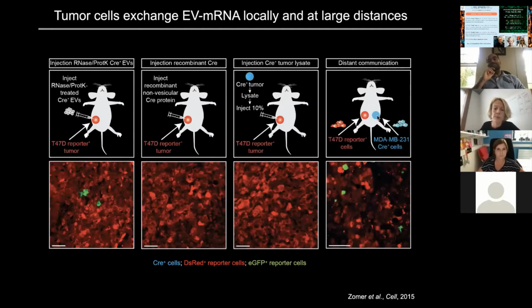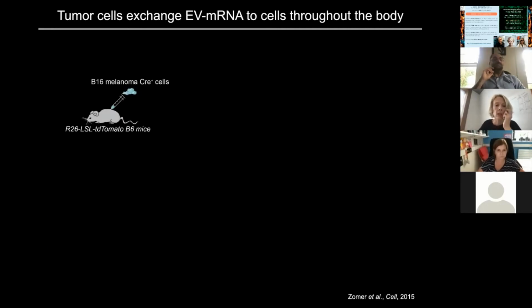So to investigate this, we injected melanoma CRE cells in syngeneic mice, and these are reporter mice. So they have a lox-stop-lox tdTomato construct. Basically, normally all the cells in this mouse model are non-fluorescent, but upon CRE-mediated recombination, tdTomato is expressed.